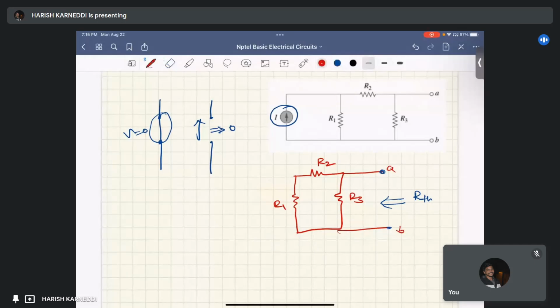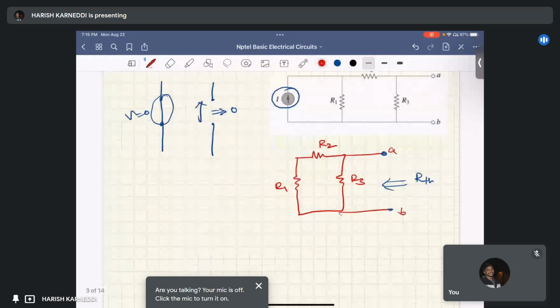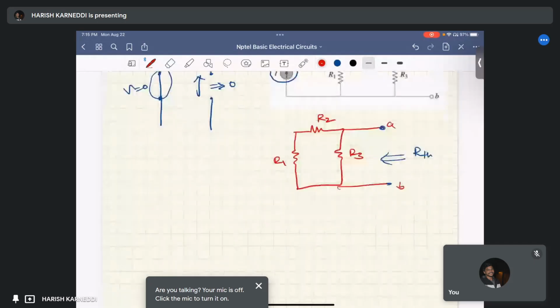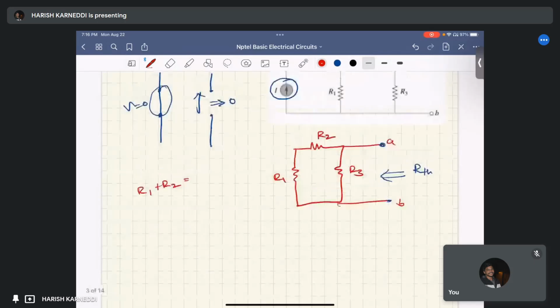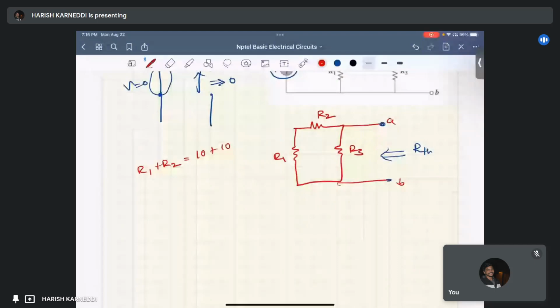Here R1 and R2 are connected in series. So what is the equivalent resistance? That equals R1 plus R2, right? The value of R1 and R2 is 10 ohm plus 10 ohm, so the total resistance is 20 ohm.